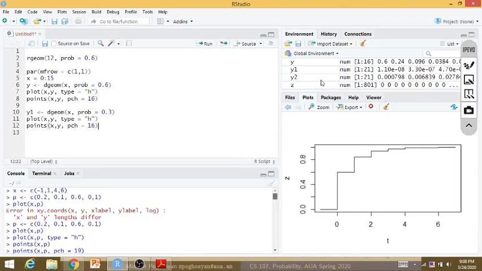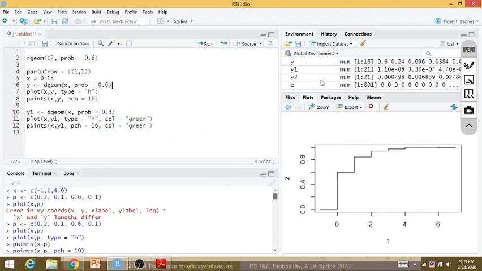Here I need to have y1, and I want to change the color. Color is say red here, or green maybe. And points, again, I want to have those points in green. Color is equal to green.